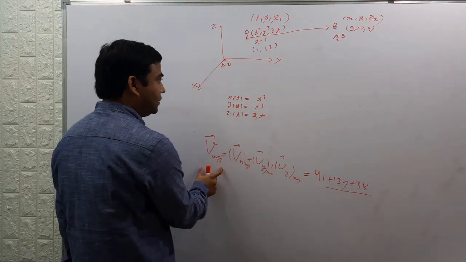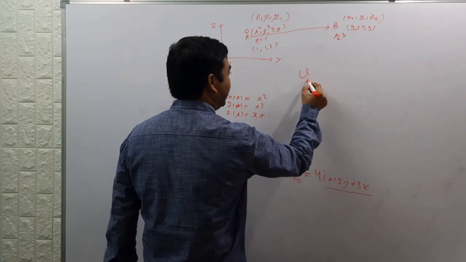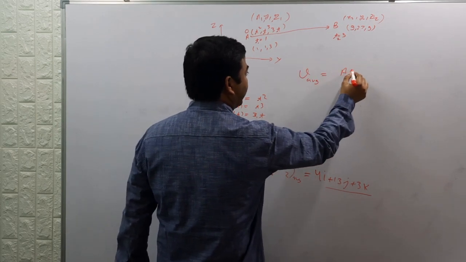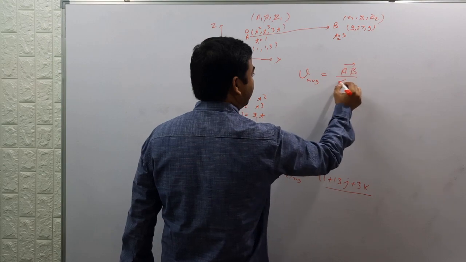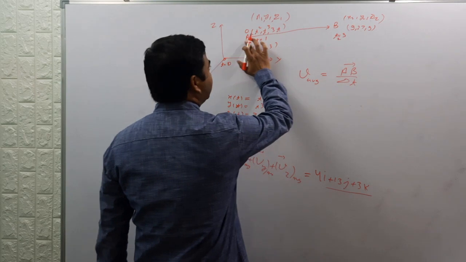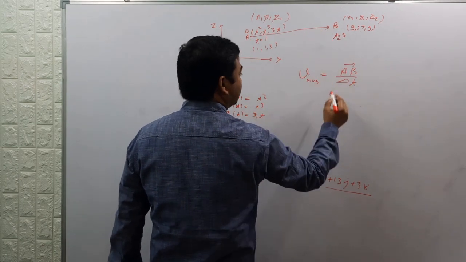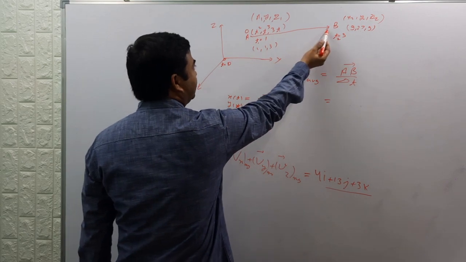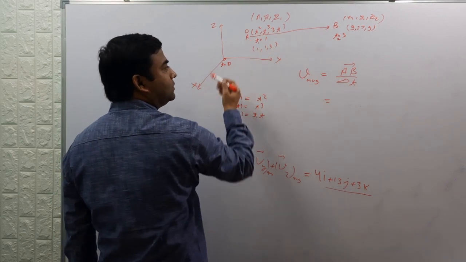So this average velocity, V average, you can also find by vector AB divided by delta T directly. Vector AB is the displacement vector, and this displacement vector is the position vector of B minus the position vector of A, which we have discussed.